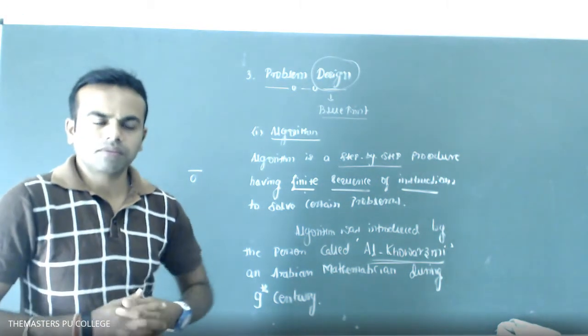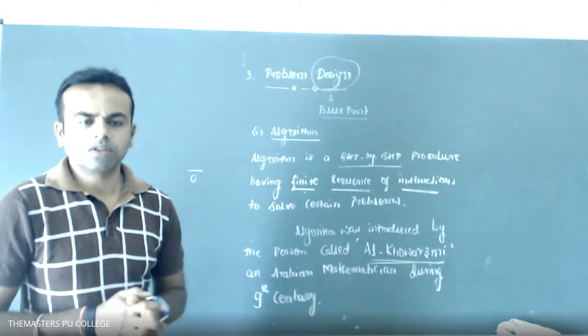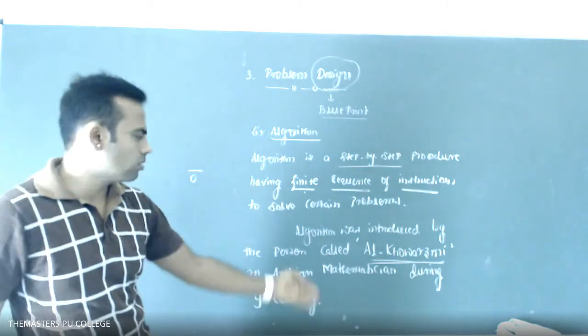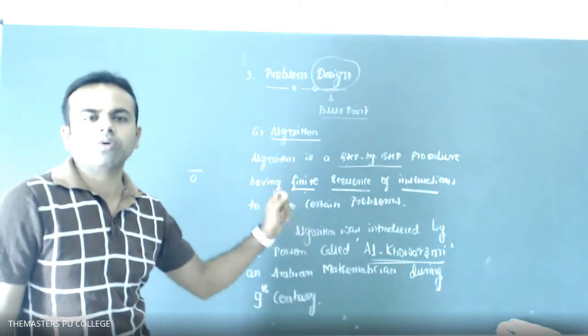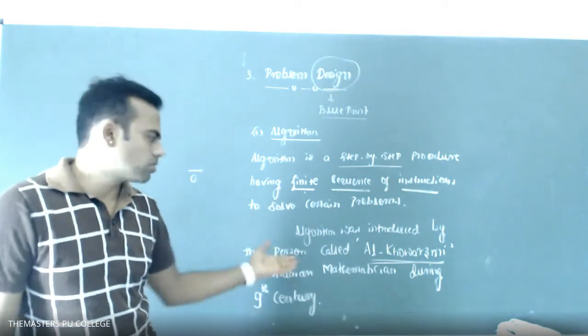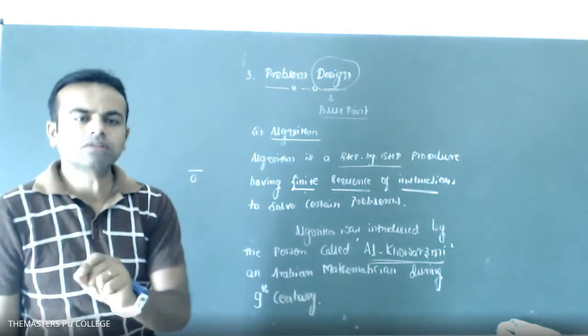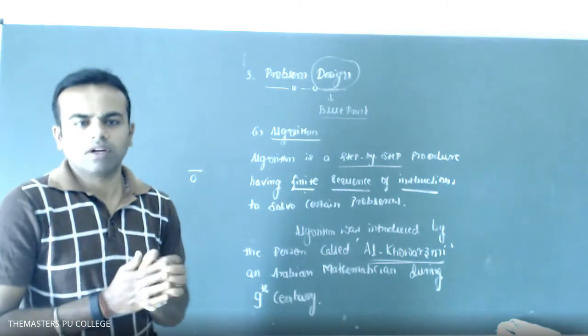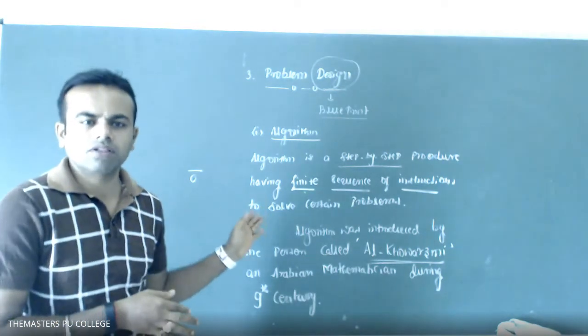Is that clear? The definition you should remember for 2 marks, and they may ask a 1 mark question: who introduced the algorithm? Then you should write: the Arabian mathematician called Al-Khwarizmi introduced the algorithm technique.